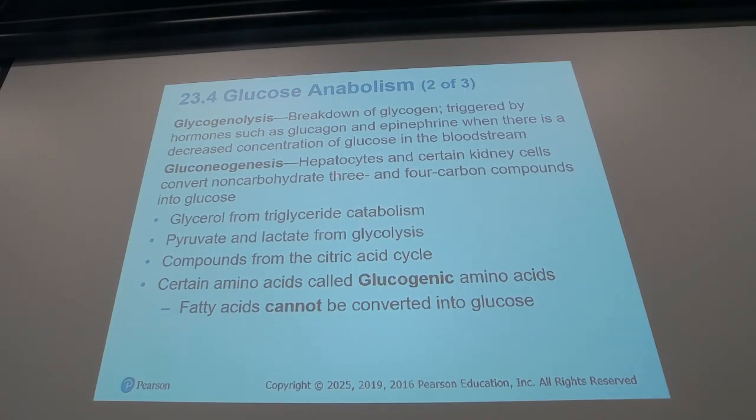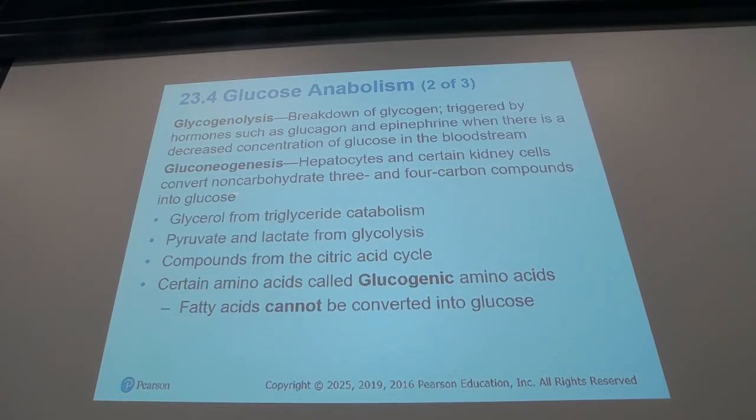And that is called gluconeogenesis. The liver cells or the hepatocytes and certain cells in the kidneys can convert these molecules through transamination processes or through beta oxidation into glucose molecules.